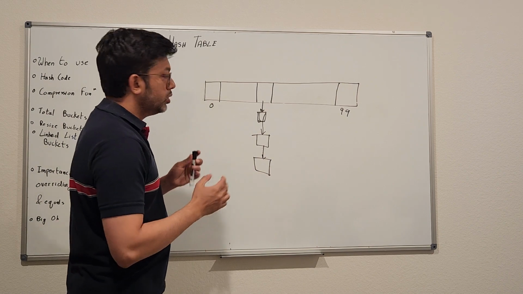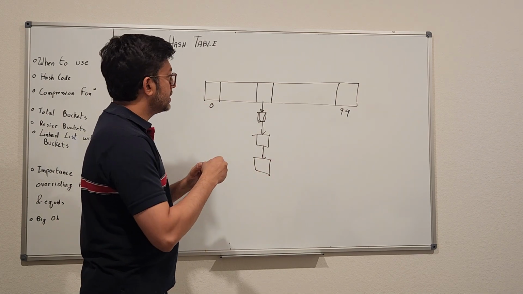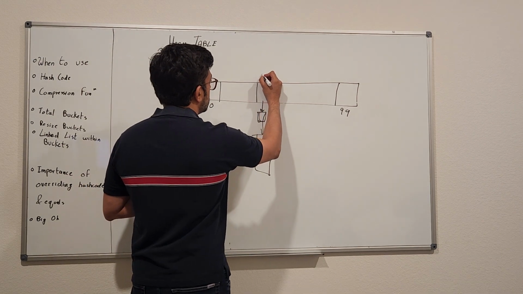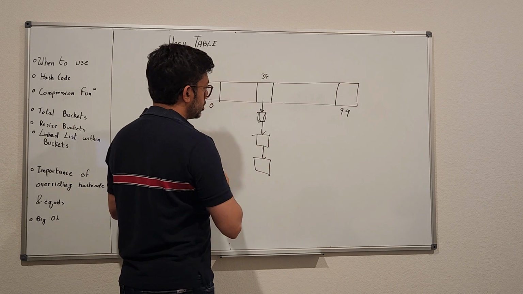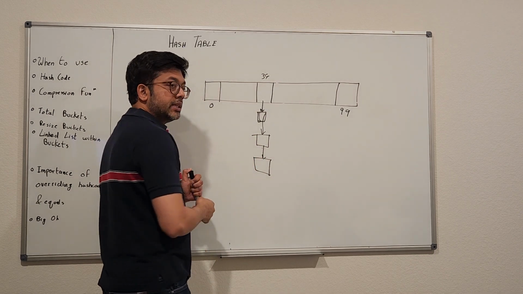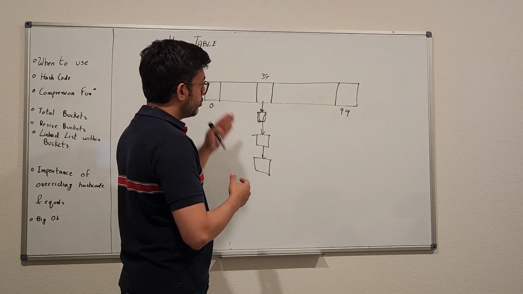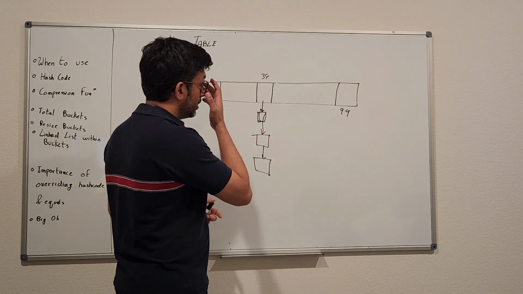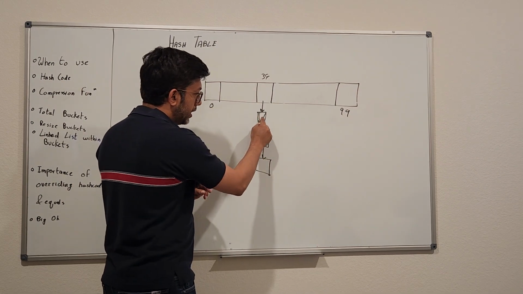So you take the hash code, you compress it to a number, say that number comes out to 34, and then within that number you have a linked list of state objects. So there will be California, or there might be something else. So if you have to look up or to add, say suppose you're adding, you find the hash code, compress it, you find the number, and then you add that item.